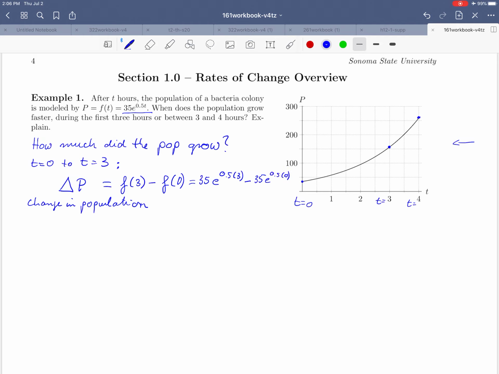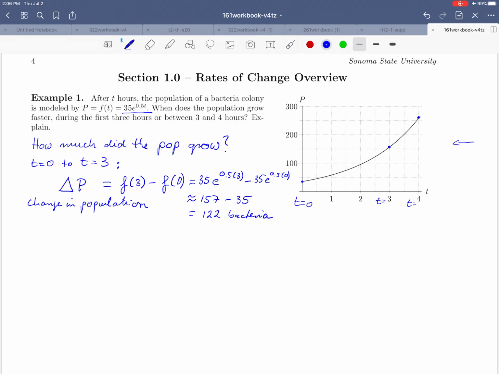We can plug them into our calculator to get about 157 for f of 3 and 35 for f of 0. And so we can answer the question, how much did the population grow? It grew by 122 bacteria during the time from t equals 0 to t equals 3, so during the first 3 hours.